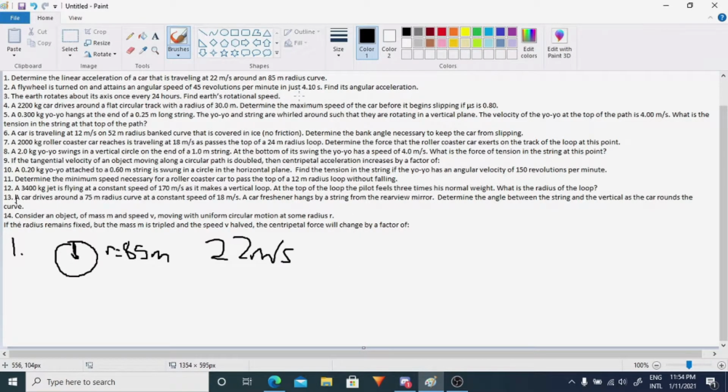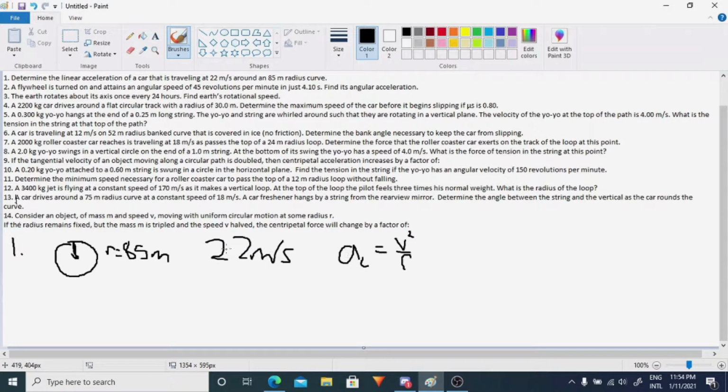So the first thing we notice is that the unit of the velocity is meters per second, which means that it is a linear velocity, not a rotational velocity. And in order to find the linear acceleration, we can use the formula for centripetal acceleration, which is a_c, centripetal acceleration, equals v squared over r.